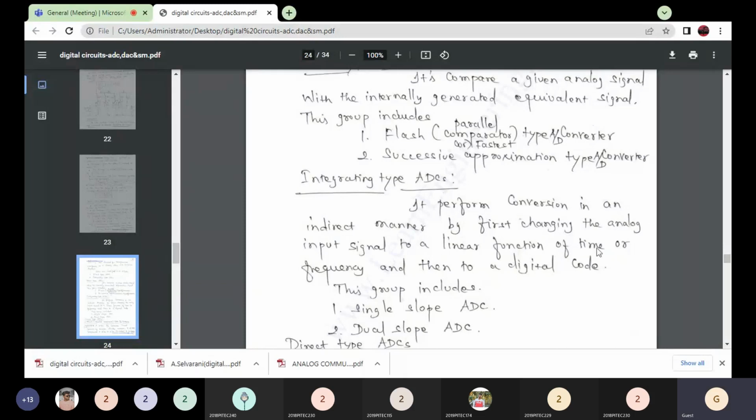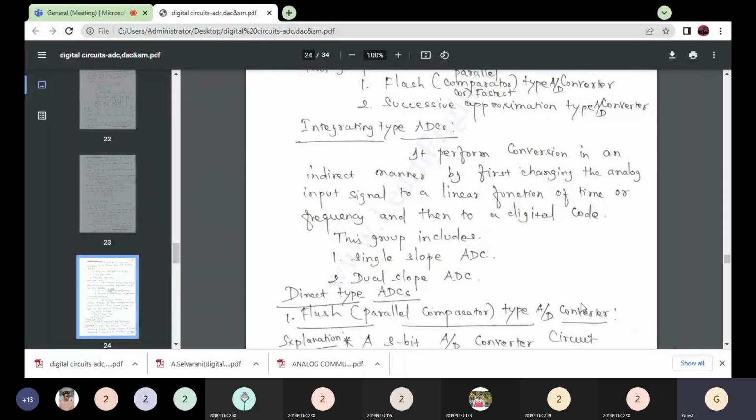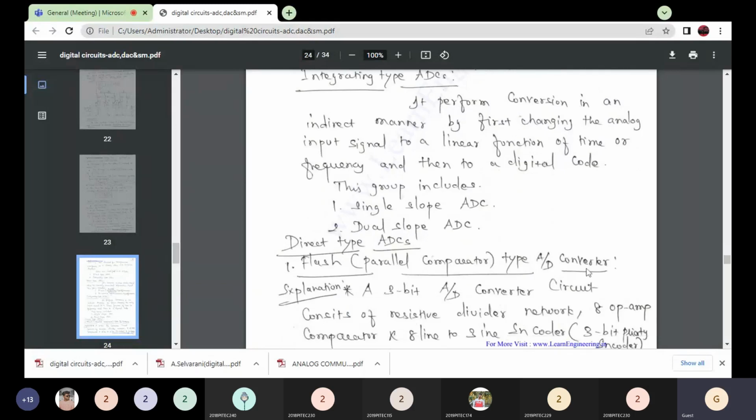First, the input analog signal is changed into a linear function of time or frequency. After that, it is converted into digital form. Here we have two types of integrating A to D converter: the single slope A to D converter and the dual slope A to D converter.